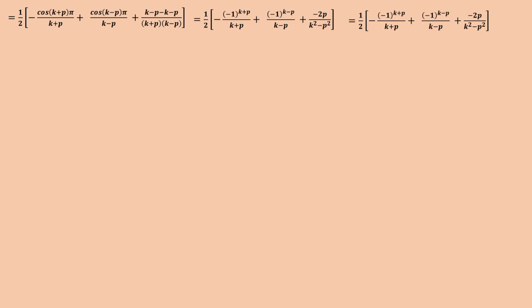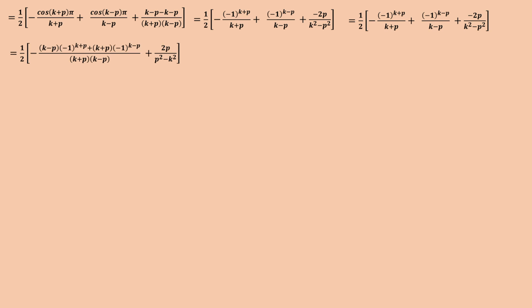Okay, then that is equal to 1 by 2 into minus, so cos k plus p pi, we are using the formula because cos n pi is equal to minus 1 power n. So instead of n you are having k plus p, so that is equal to minus 1 power k plus p by k plus p, right, plus minus 1 power k minus p by k minus p plus minus 2p by k square minus p square, right?